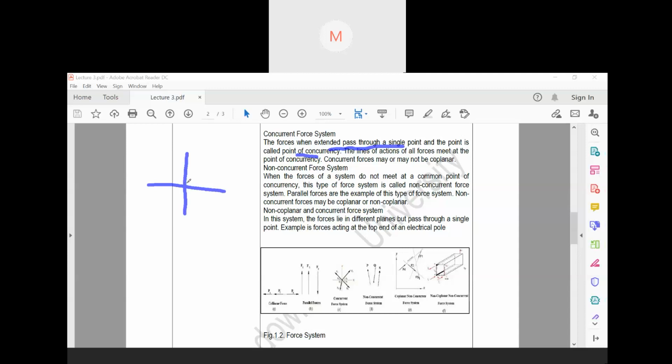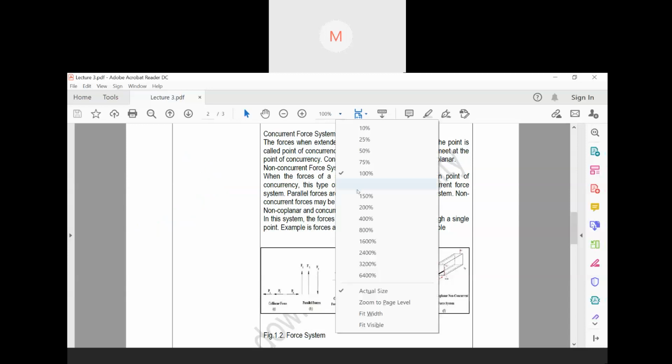The forces come and join at a particular point, at the center.